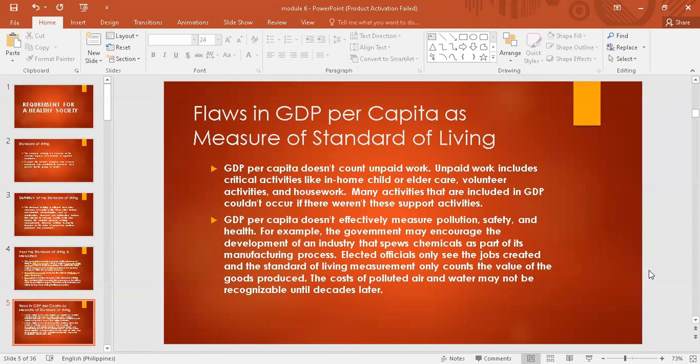It says here that GDP per capita doesn't count unpaid work. Unpaid work includes critical activities like in-home child or elder care. These are services.